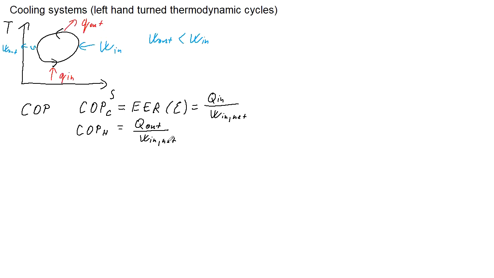Most of the practical cooling systems don't have any way of recovering the work during this part of the thermodynamic cycle, but if it would have, the net work input would be work in minus, of course, work out.